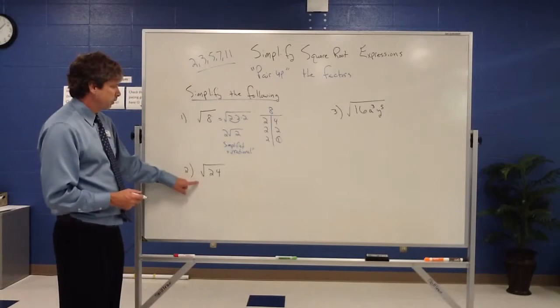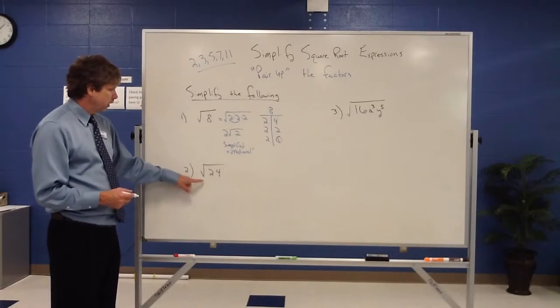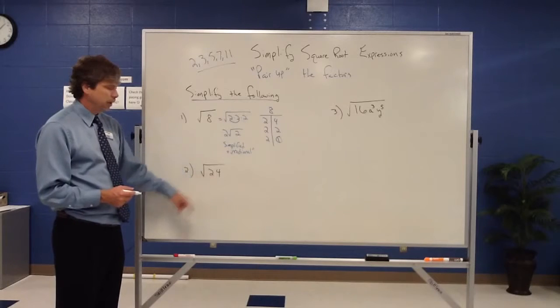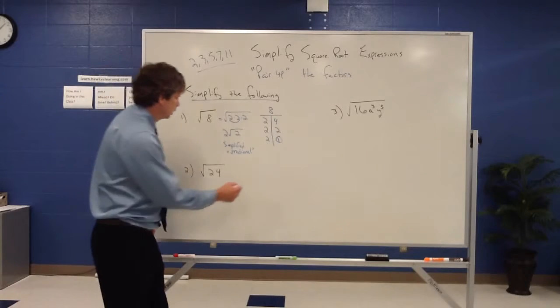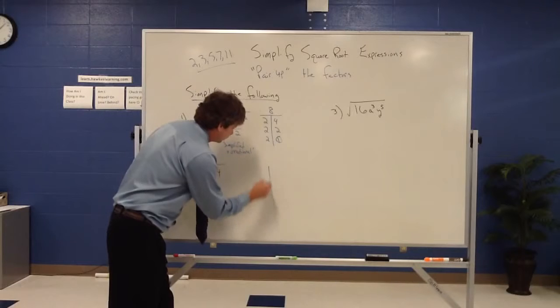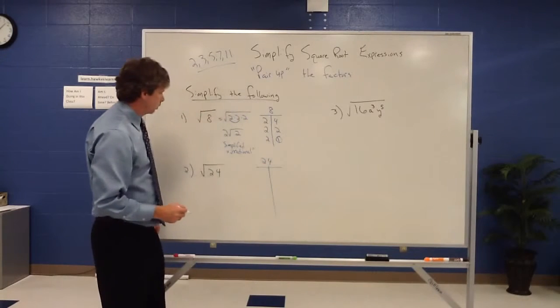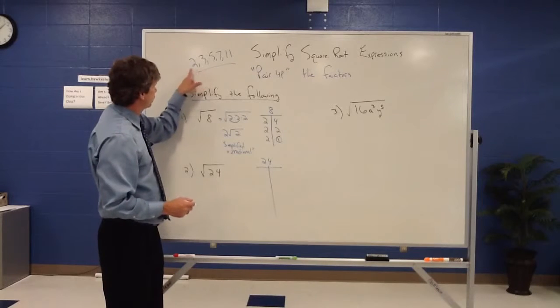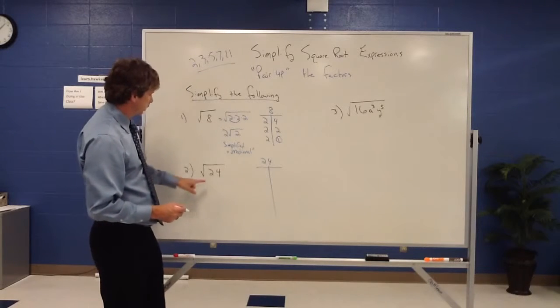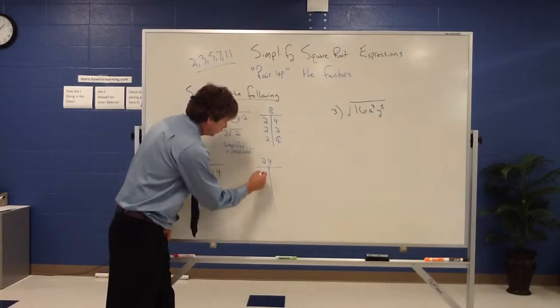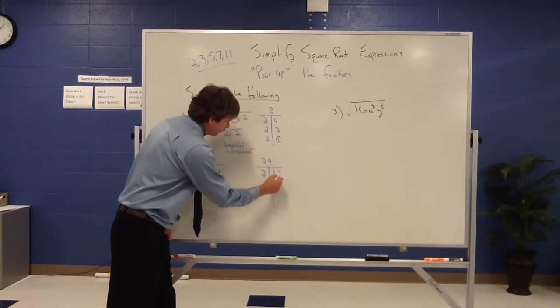Looking at this next example, the square root of 24. Again, an easy strategy is to break it down into prime factors, using our 2, 3, 5, 7, and 11. The 2 goes into 24 12 times.